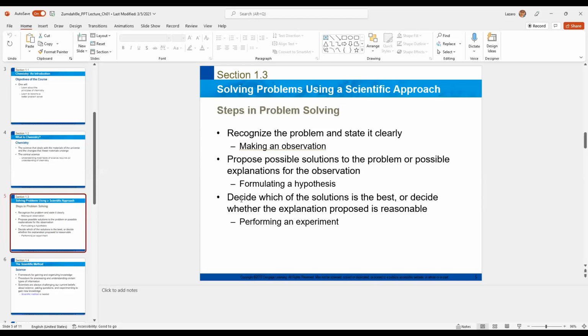And later you have to decide which of the solutions is the best, or whether the explanation proposed is the best in order to solve the problem. That's what we call performing an experiment. It's the only way you can say if your explanation is good or not for the problem that you are studying.